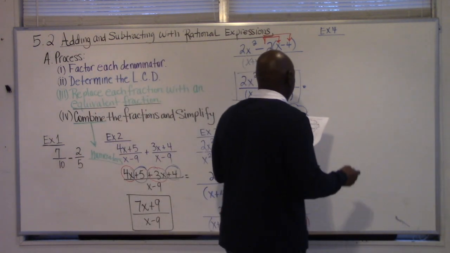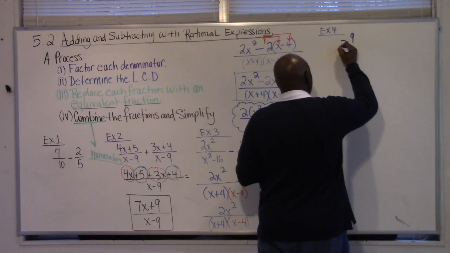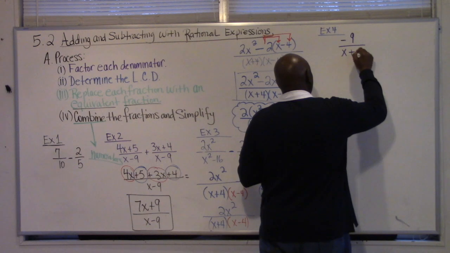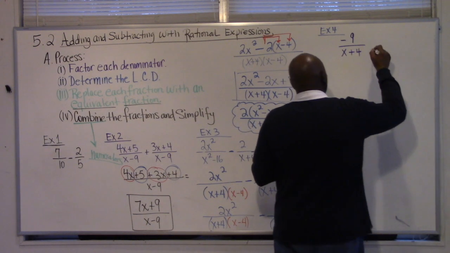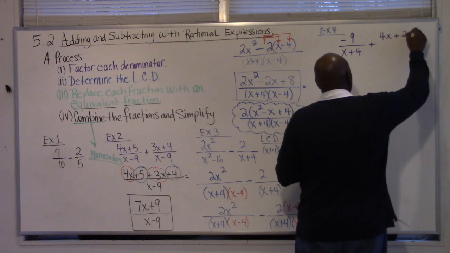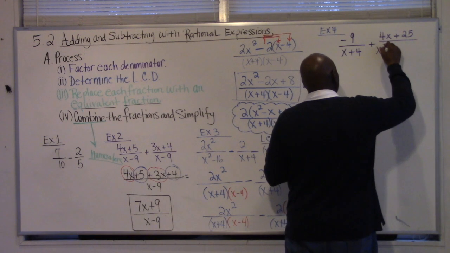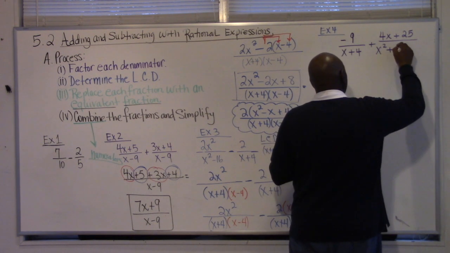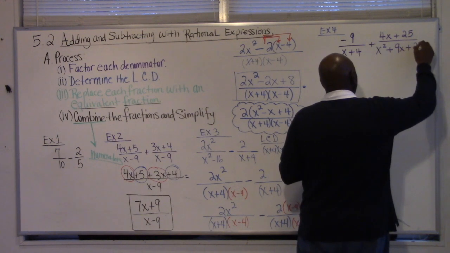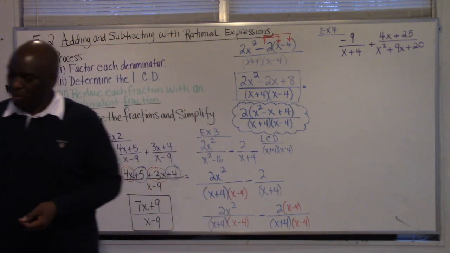Let's look at negative 9 over x plus 4 plus 4x plus 25 over x squared plus 9x plus 20. Let's take a look at that one.